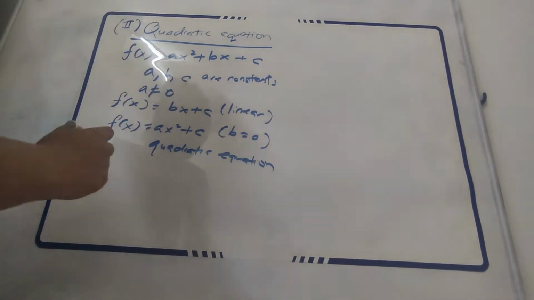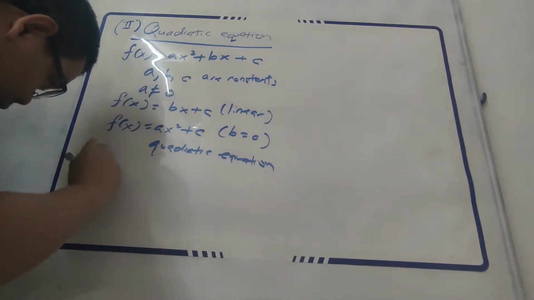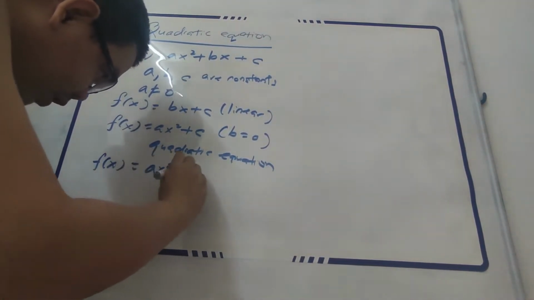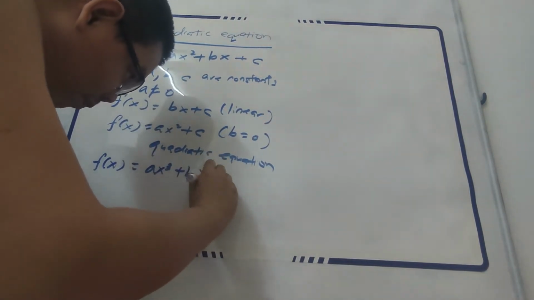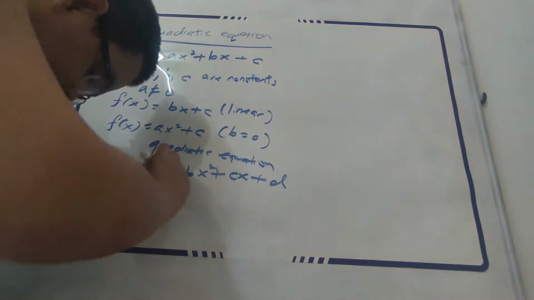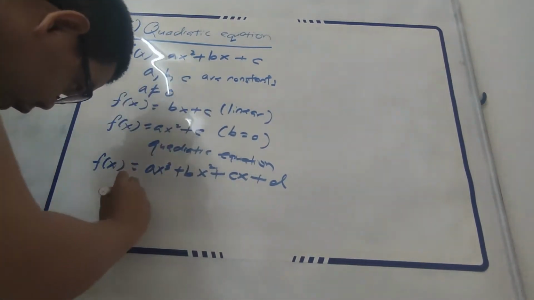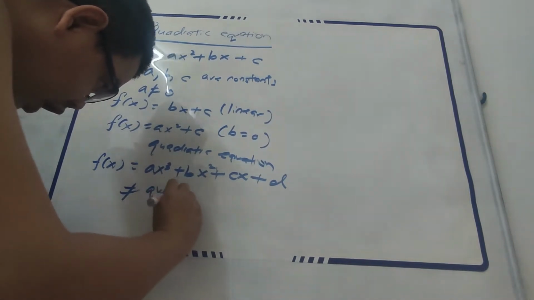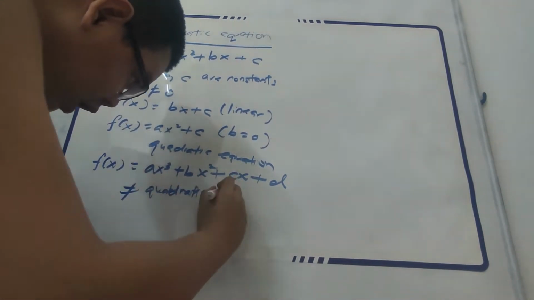And for fx equals ax cubed plus bx squared plus cx plus d, this one is also not a quadratic equation.